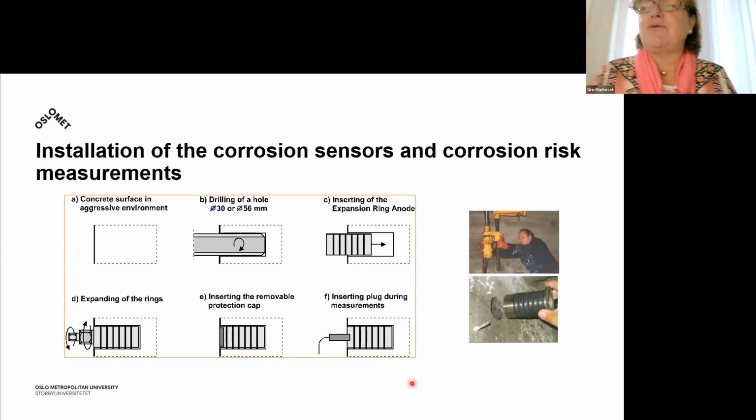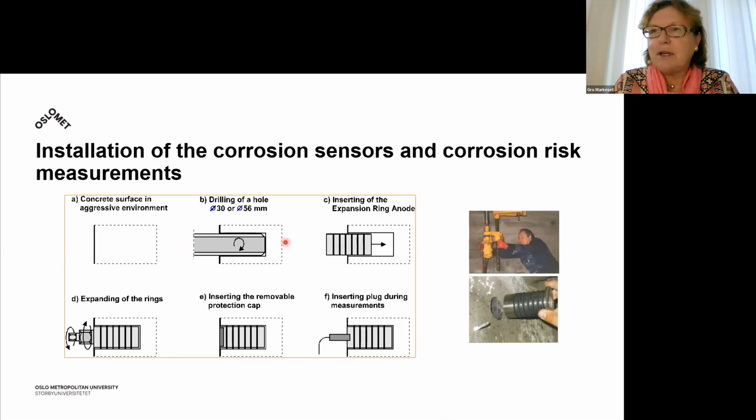And here is a new illustration of how we did this measurement. We have the concrete surface here, and then we drilled out the space for the corrosion ring illustrated here. So we drilled out holes with a diameter of about 50 millimeter.